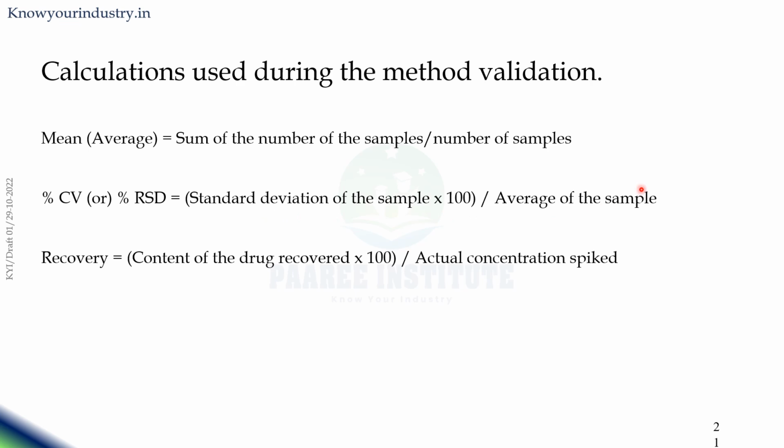The percent CV is calculated, the mean of the different values obtained is also calculated, and the recovery will be calculated. So these are the different parameters: precision, accuracy, recovery, mean. All these different summary statistics will be calculated when we do the method verification and method evaluation, and when we have a lot of data. So these are all the other calculations we employ during the method verification and method validation in pharmaceutical analysis.